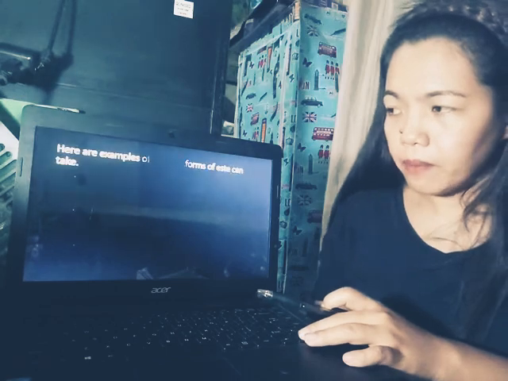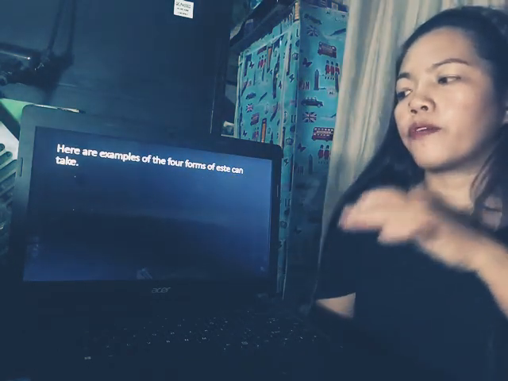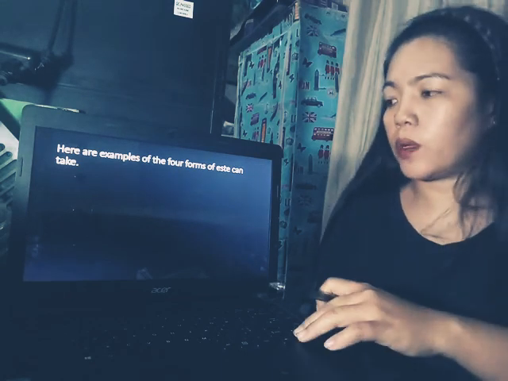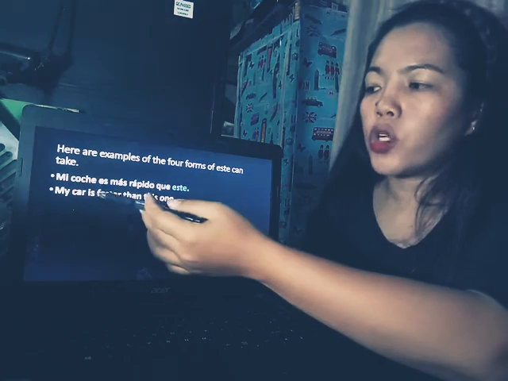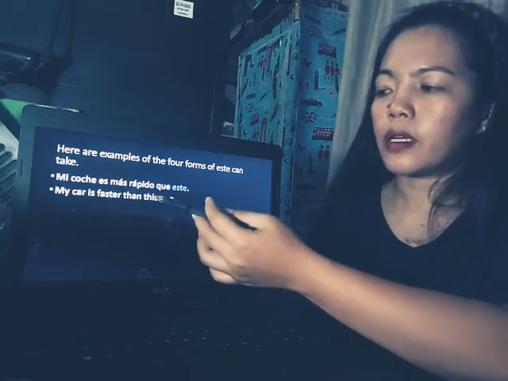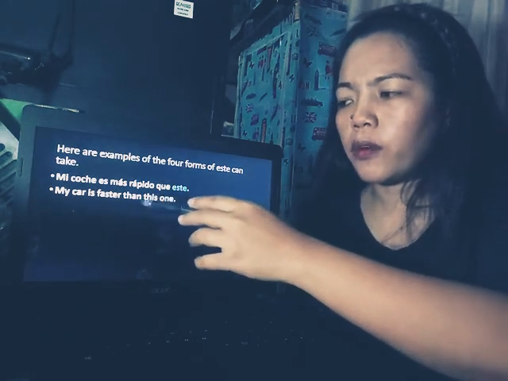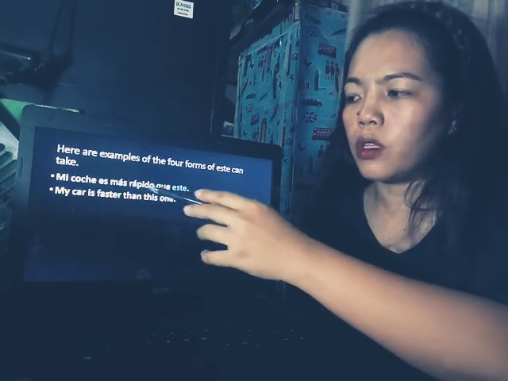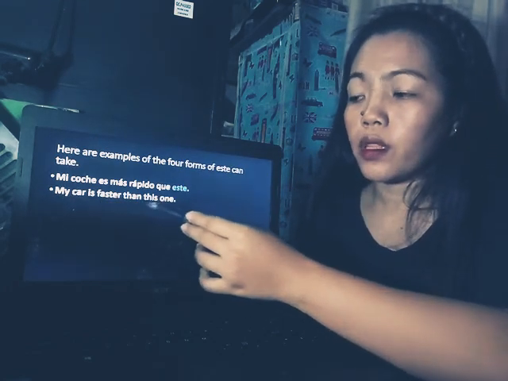Okay, next, here are the examples of 4 forms of este can take. For example, mi coche es más rápido que este. So instead of repeating coche and coche, you can say my car is faster than this one.